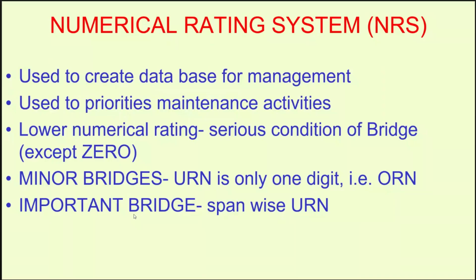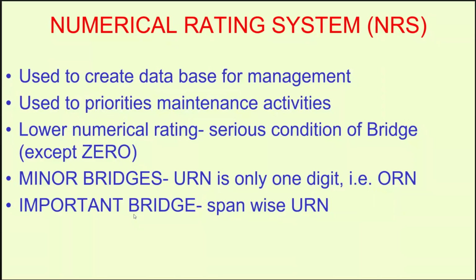Instead of that, it can be kept as the overall rating number. So the last item is, in case of minor bridges, only the 1 digit ORN will be given as the URN.